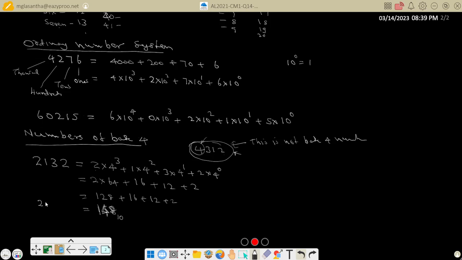So 2132 is the base 4 number. This base 4 number in decimal or ordinary value is 148.